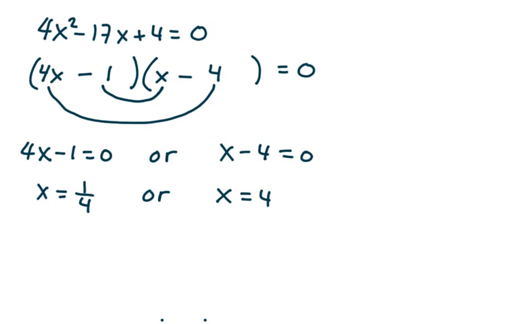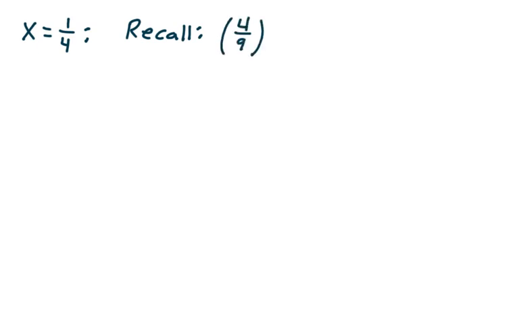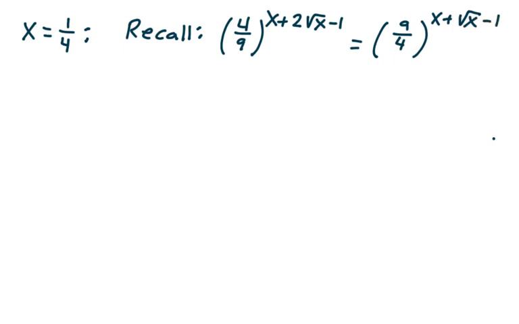Now, we need to go back and check this. So let's take a look at x equal 1/4. Now, recall, this is the equation we're solving. It's 4/9 to the x plus 2 root x minus 1 equals 9/4 to the x plus square root of x minus 1.